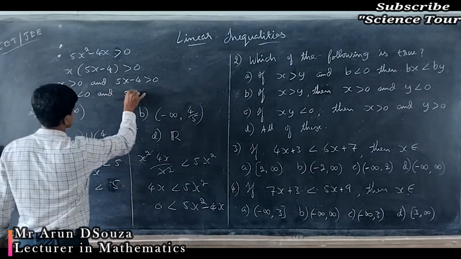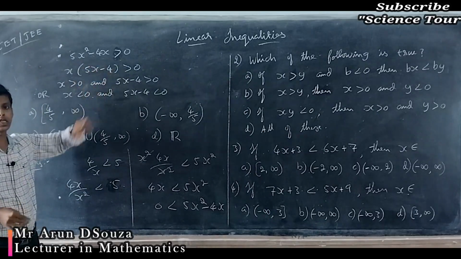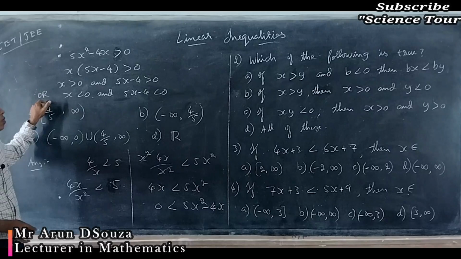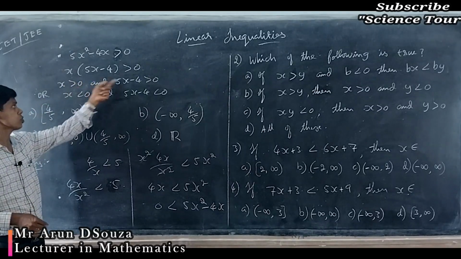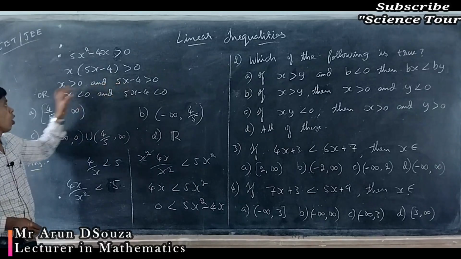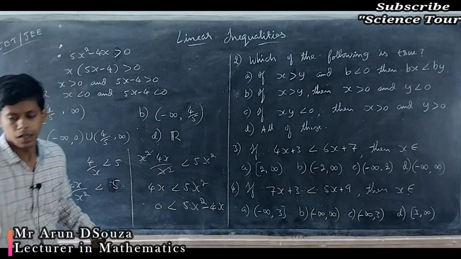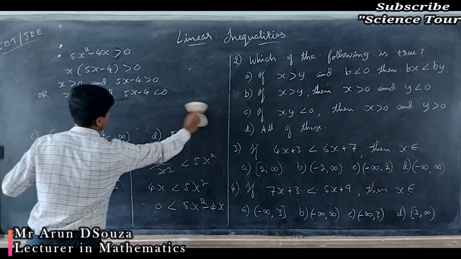What happens if both are negative? If both are negative, then also the product will be positive, right? Okay, so both the possibilities are there. Make sure you write the proper word here. This is and, both must happen. Or these two must happen.